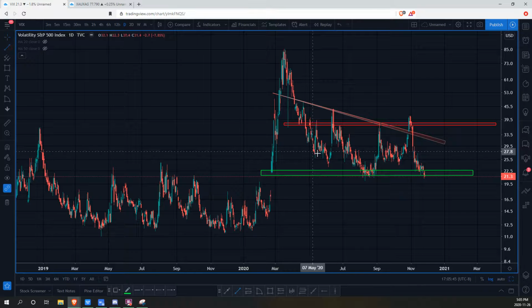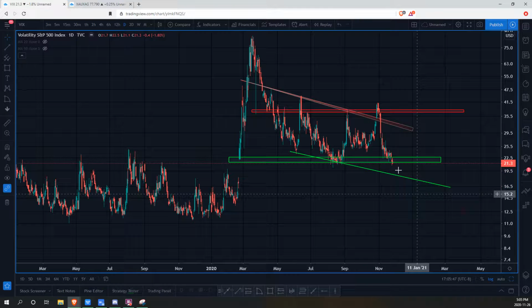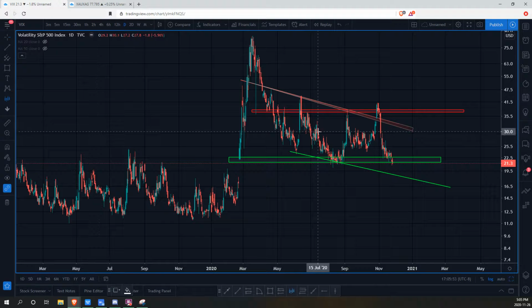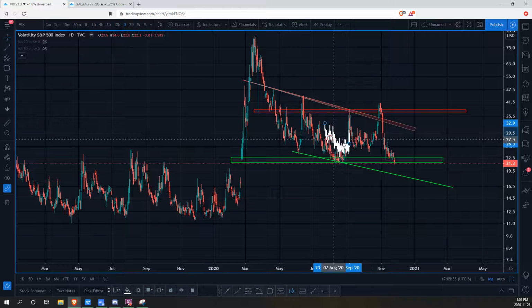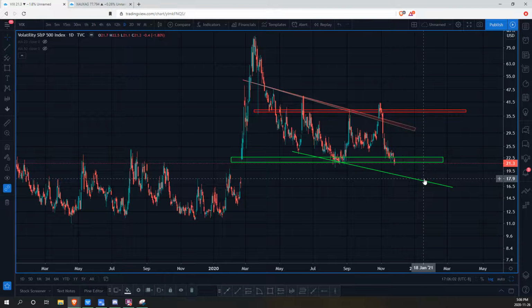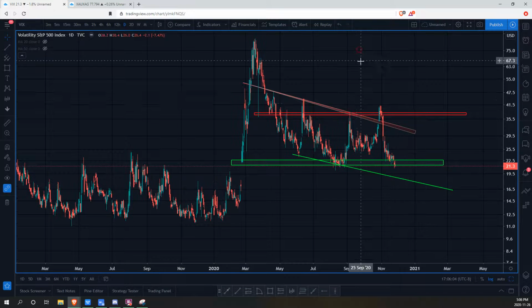And yes, we can draw that, but that move, we're looking for something like this. Let me just get my bars pattern. Ideally, what we're looking for is a nice slow fall, sort of like that. That would be ideal, because when the price is going up, you're not seeing the volatility spike.